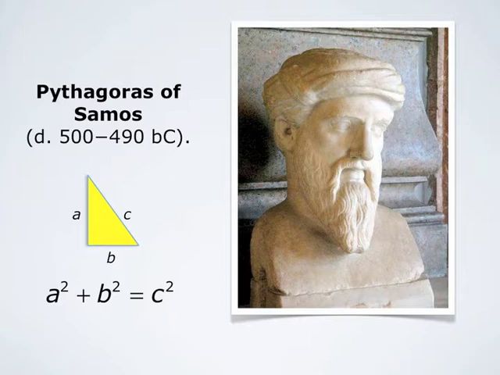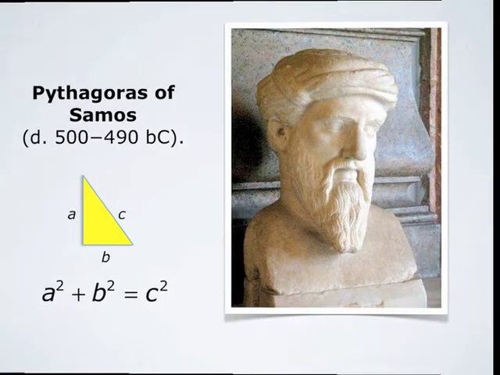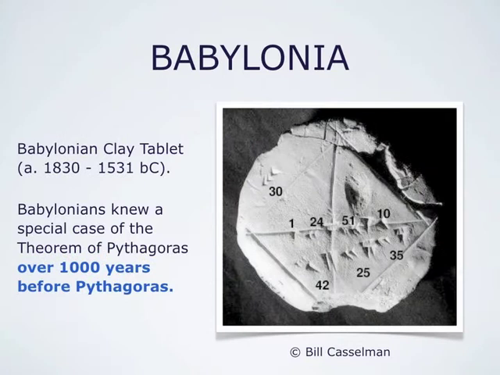This theorem of Pythagoras already appears in a Babylonian clay tablet that dates back to 1830 to 1531 before Christ. In these clay tablets, Babylonians explained how to compute an approximation of the square root of 2.